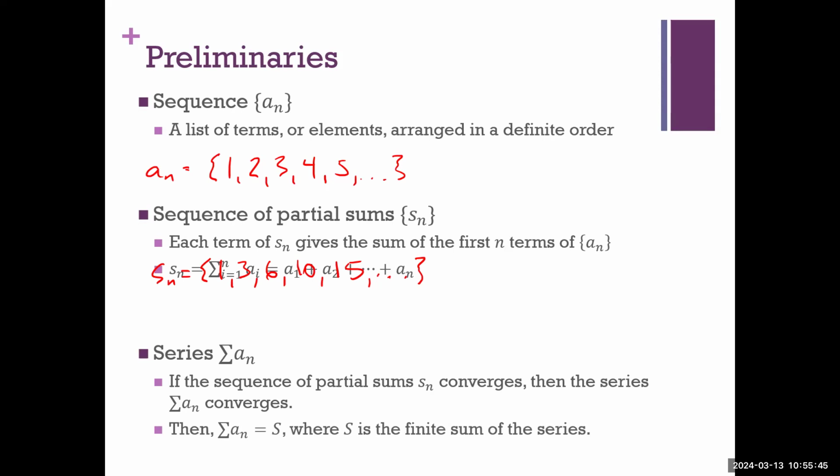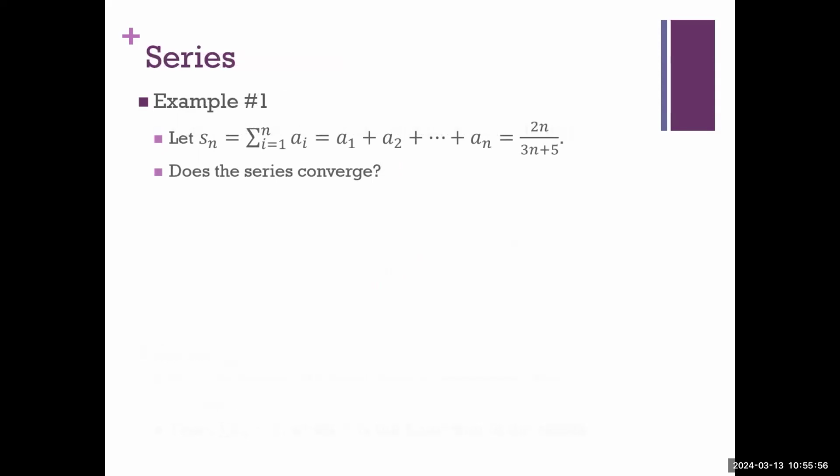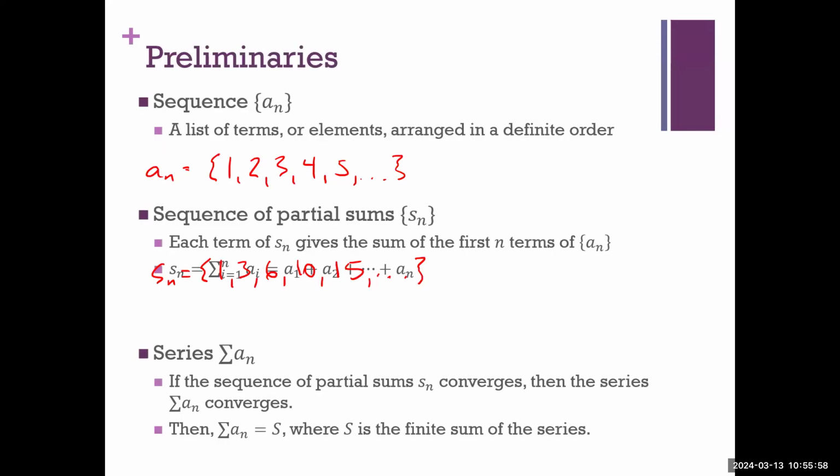Questions so far, and some new terminology I'm throwing at you. The series is just adding the sequences? Yeah, adding up all the terms in the sequence. But how do you add? I'm not trying to be flippant, but think about a Riemann integral.